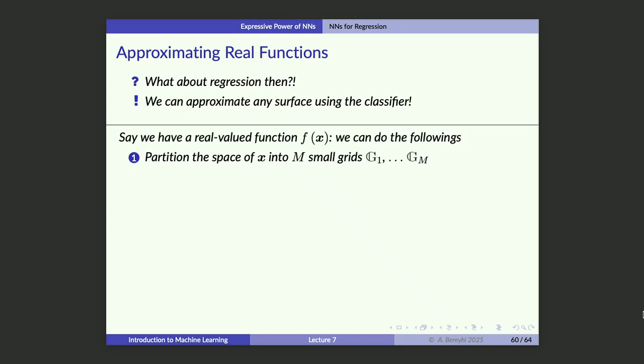Well, say I have this real valued function f. So f could be a very, very complex function. It's getting d-dimensional input. The output of this function is also a real value, right? So it's not anymore a classifier which gives me just one class, 0 or 1. It could be any real number, like the regression problem we had. Now, what can I do?